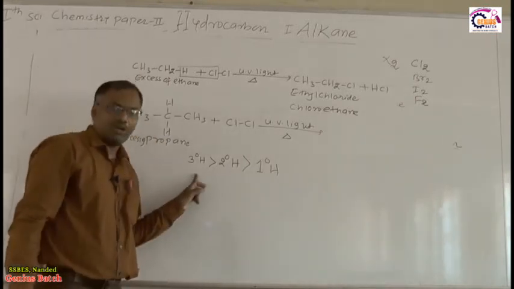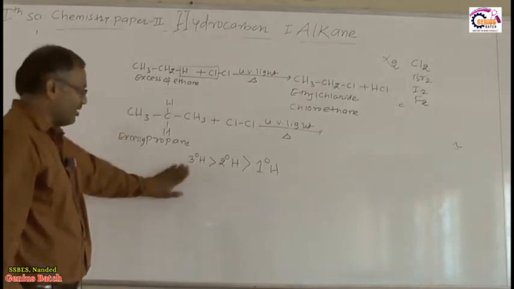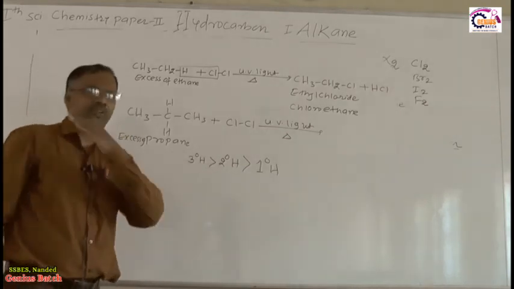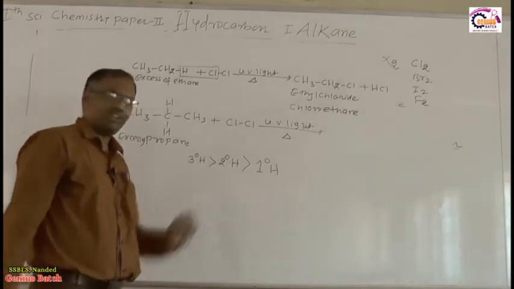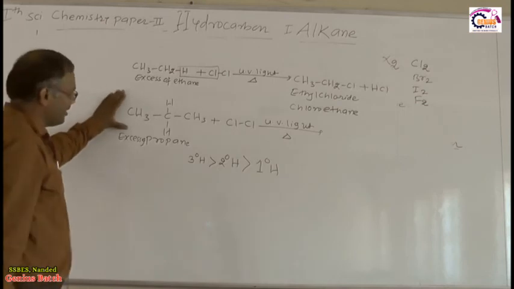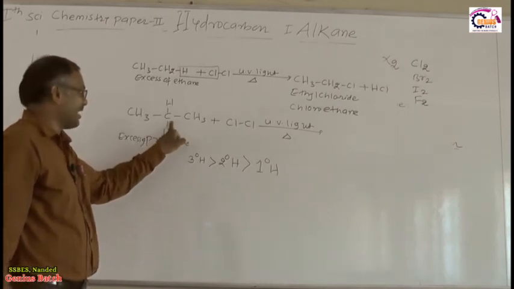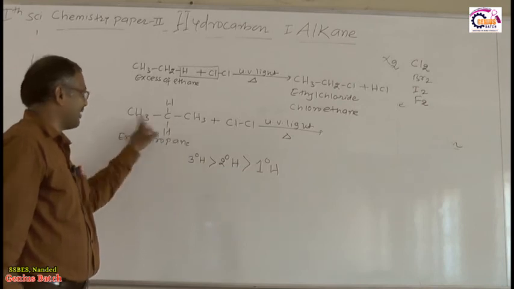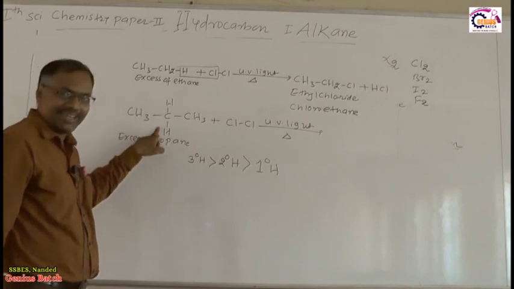So tertiary hydrogen atom is replaced very fast compared to secondary, and secondary compared to primary. You observe here, this is the secondary carbon. Why is it the secondary carbon? The carbon atom which is attached to 2 other carbon atoms is the secondary carbon. Attached hydrogen atoms are secondary hydrogen.